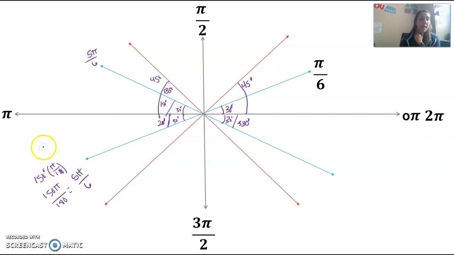Again, to do the math, we're going to do 135 times pi over 180, and we end up with 135 pi over 180, and we can divide both of those by 45, and we get 3 over 4. So 3 pi over 4.